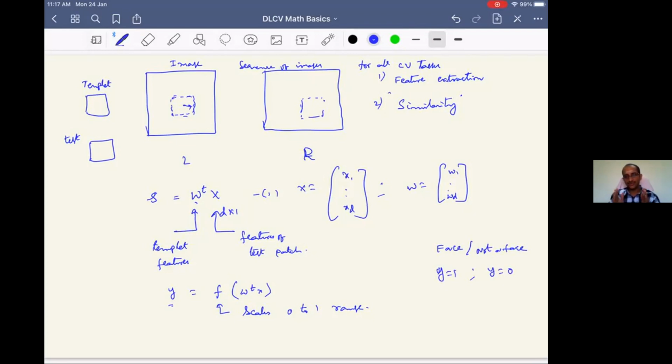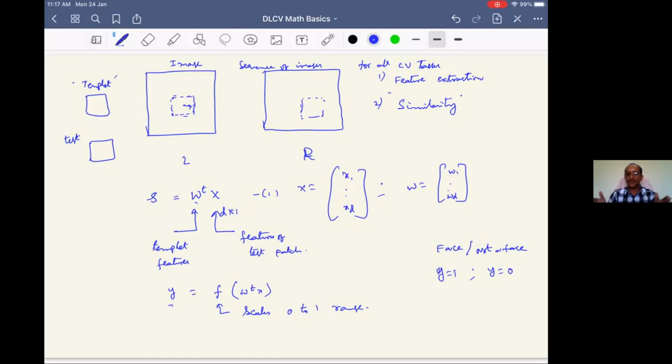If I train like that, W is the one which will capture the template feature relation. In this case you are saying a single template feature, but in real situations I don't want to bias my classification with a single template.